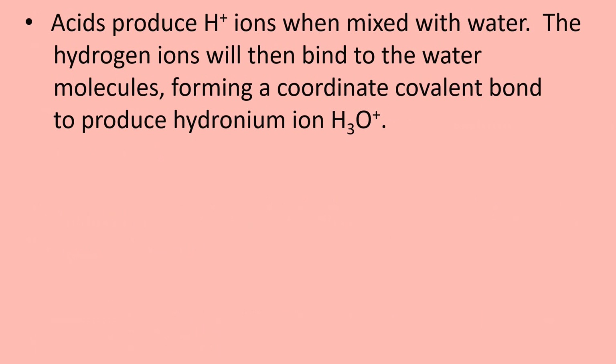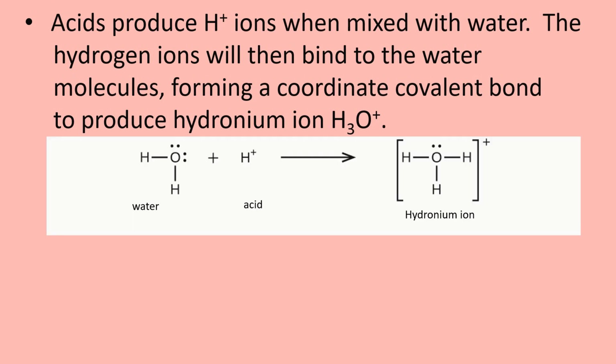Acids produce H+ or hydrogen ions when mixed with water. The hydrogen ions will bind to the water molecules, forming a coordinate covalent bond to produce the polyatomic ion hydronium, H3O+.